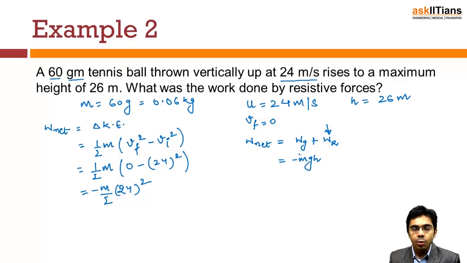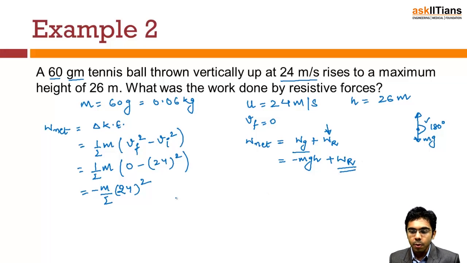Because as it goes to a height h, when we throw it in the upward direction, the displacement will be vertically upward, and mg will act in the vertically downward direction. Displacement is in this direction, vertically upward, and mg acts in the downward direction. So cos 180 gives us that the work done by gravity will be minus mgh, plus the resistive work, which is what we have to find.